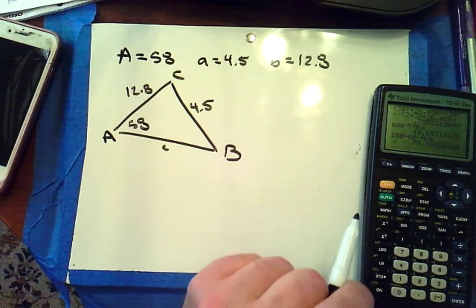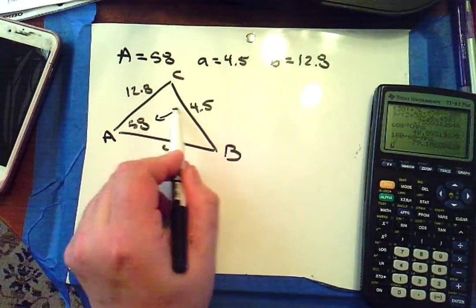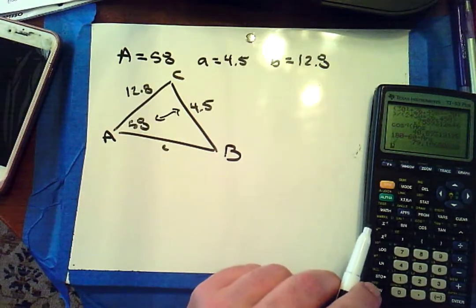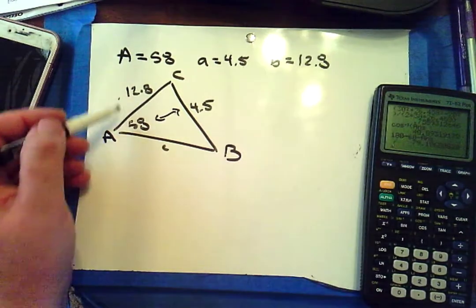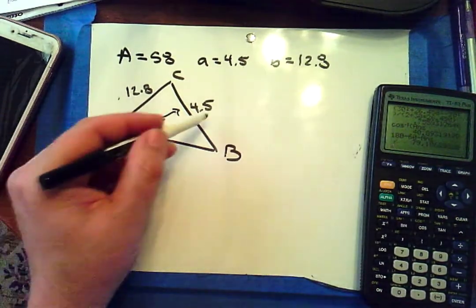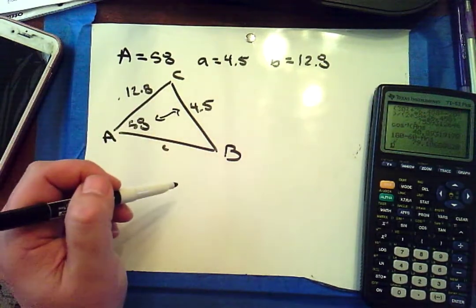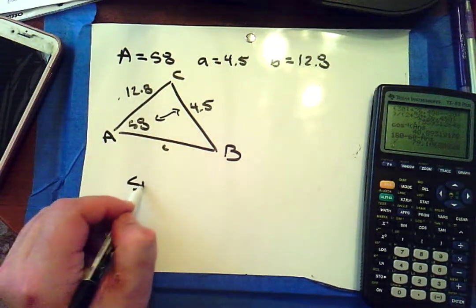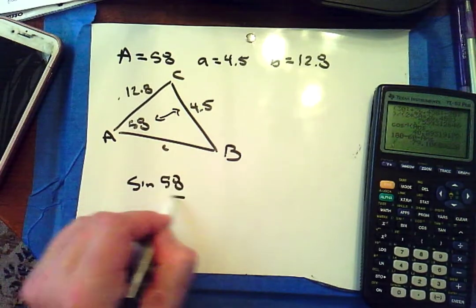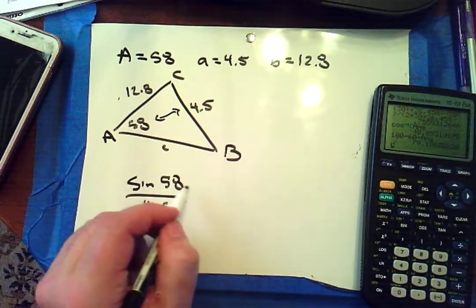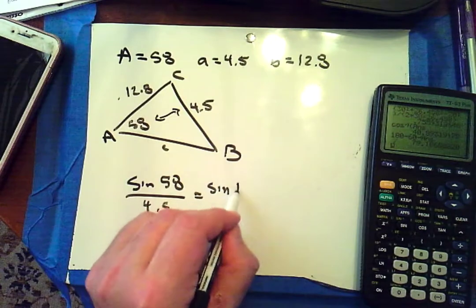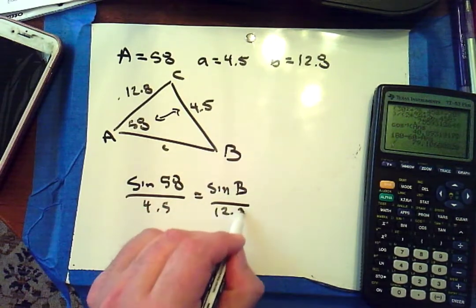So the first thing I notice here is I have an opposite side angle pair. This isn't law of cosines. This isn't side angle side or side side side. This is law of sines because I have the opposite side angle pair. So sine of 58 over 4.5 equals sine of b over 12.8.